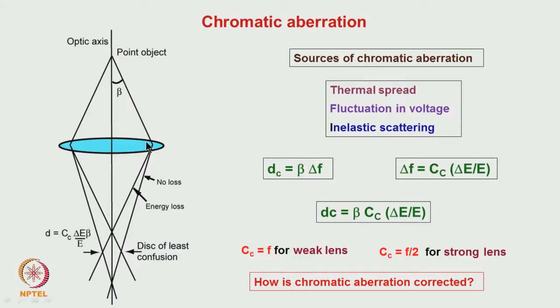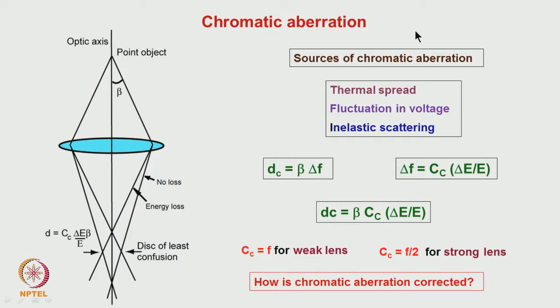So, for different wavelengths, the phase shift it introduces is going to change. That is essentially the reason for chromatic aberration. In the case of light radiation, the spread arises because of the finite width of the source.